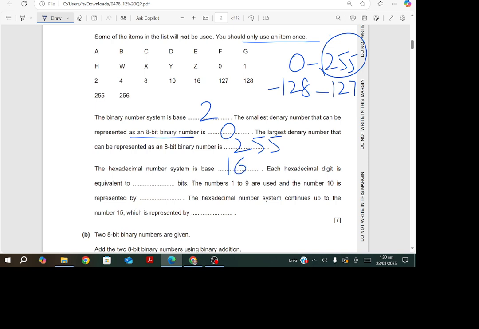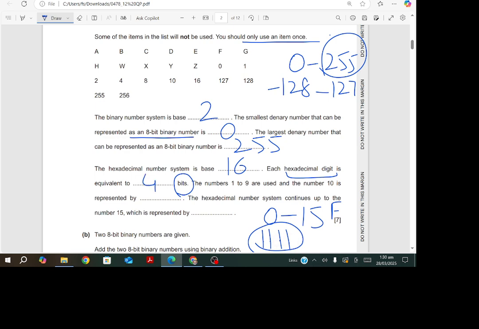Then hexadecimal. Hexadecimal number system is a base 16 system. Each hexadecimal digit is equivalent to how many bits? You know that the numbers range from 0 to 15 in hexadecimal, and if we want to represent 15, which is F, in binary we write 4 ones, which means the maximum bits used is 1 2 3 4.